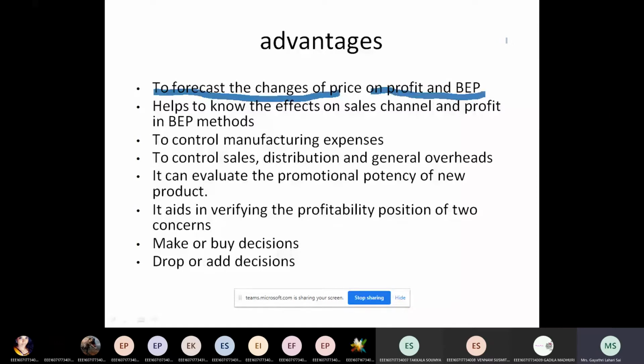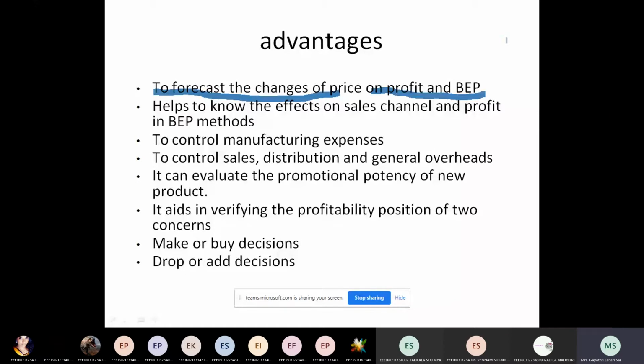Okay, the next one is make or buy decision. Make or buy decision is like, let's say I'm manufacturing a mobile phone, and some parts will be bought from some ancillary unit.